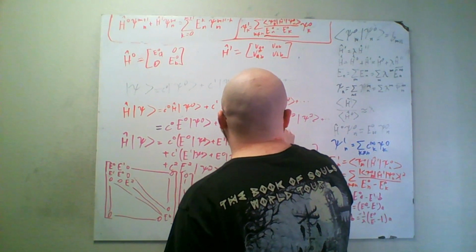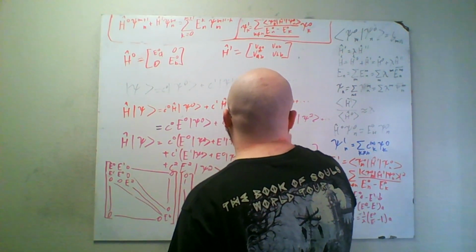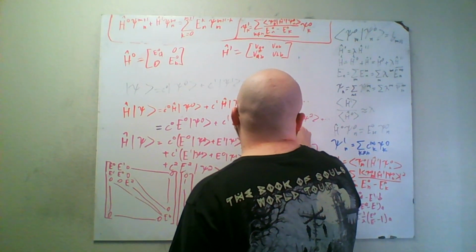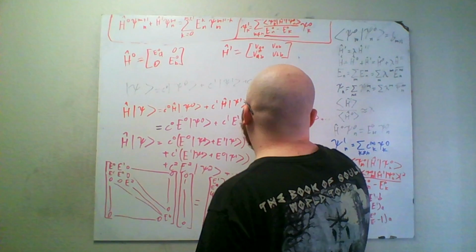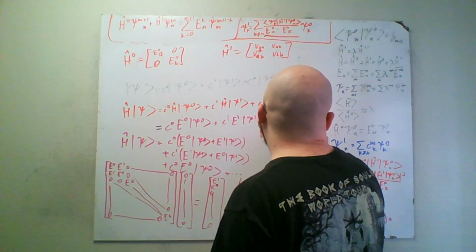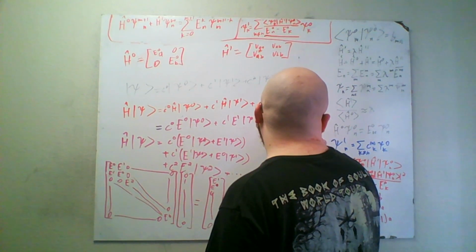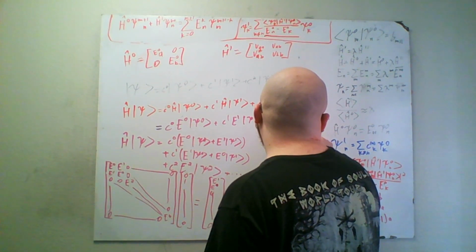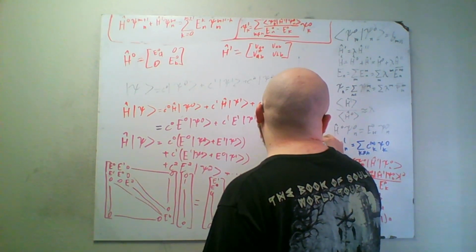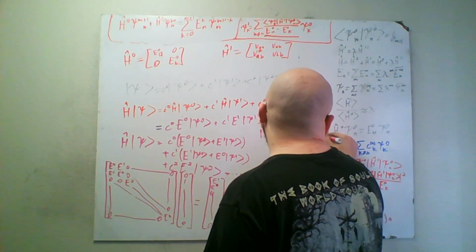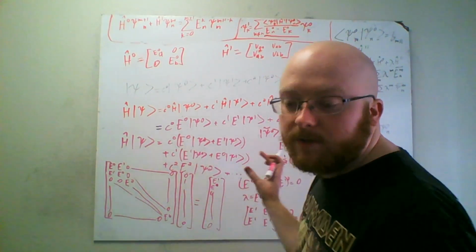So C tilde 0, psi tilde 0 equals psi 0 plus 1/2 E0 over E1 minus 1 psi 1. So you can re-express it in terms of this. I picked some bad numbers. I apologize for that.